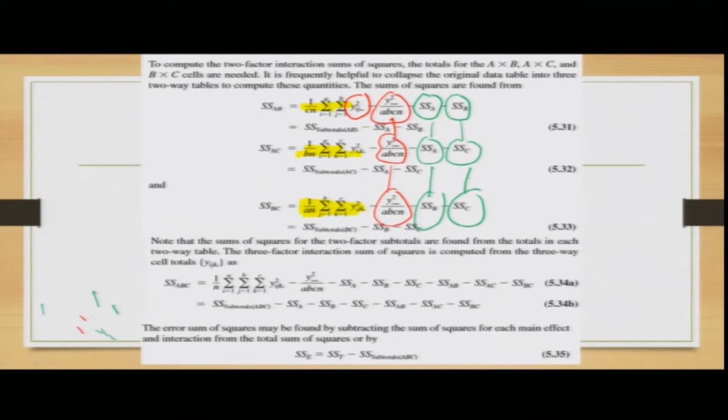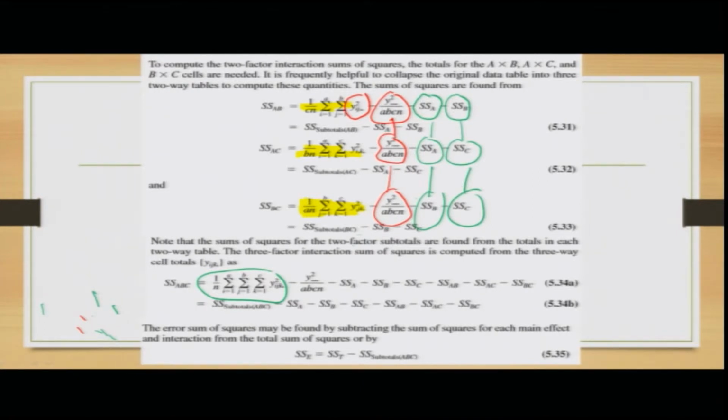Note that the sum of squares for the two factor subtotals are found from the totals in each two-way table, so you are basically dealing with two-way tables. The three factor interaction sum of squares is computed in a similar way. What you do is find the sum for all i, j, k dot, divided by n, where i is summed from 1 to small a, j from 1 to small b, and k from 1 to small c, minus the value which you found, y square dot dot dot dot divided by a, b, c, which remains the same.